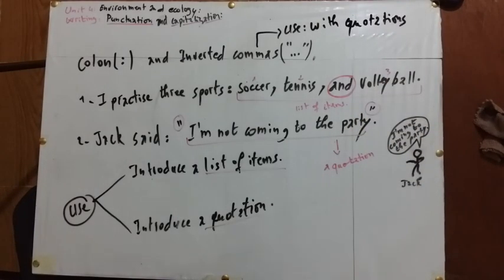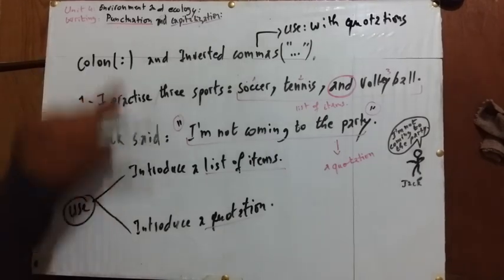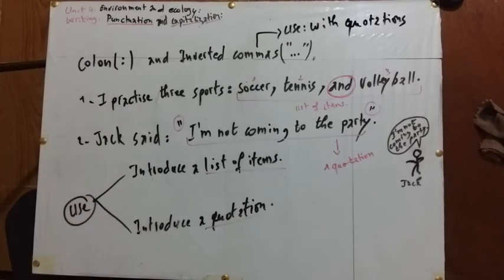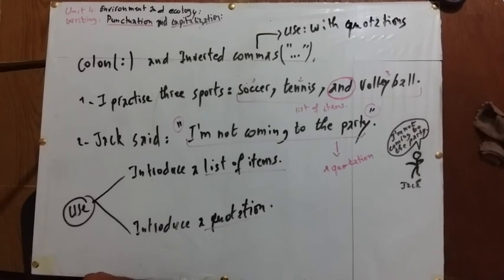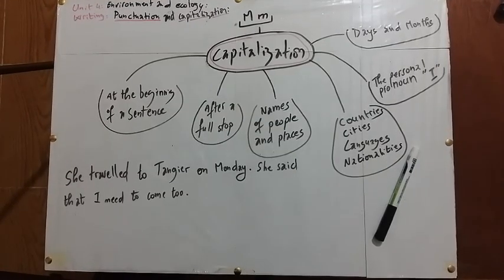Okay? I hope that this is clear for you, and we have now finished with the part of punctuation, and now let's move to capitalization and see what it is. All right, so now let's take a look at capitalization.